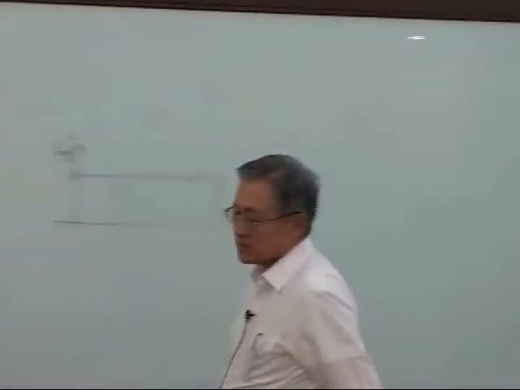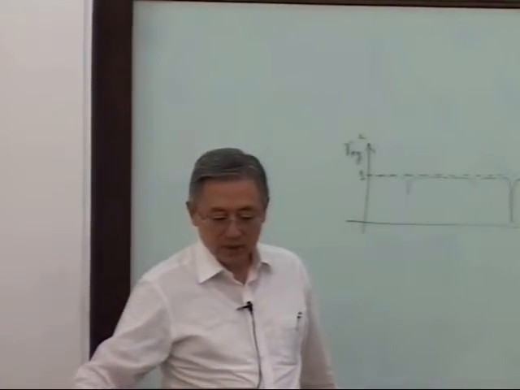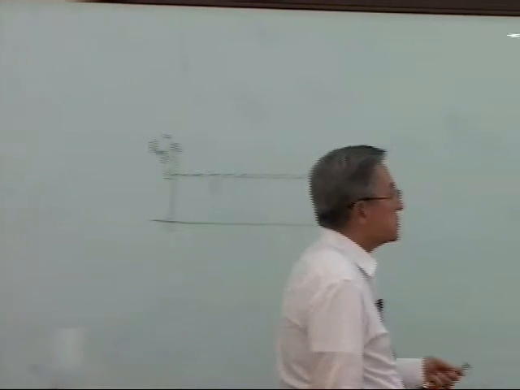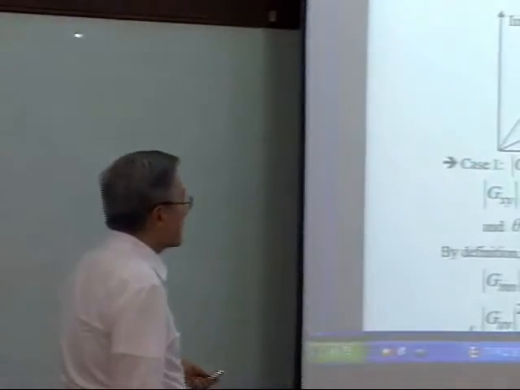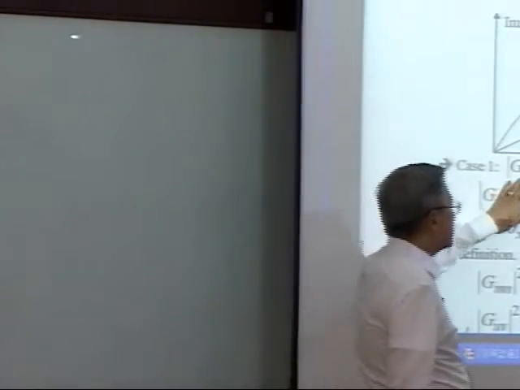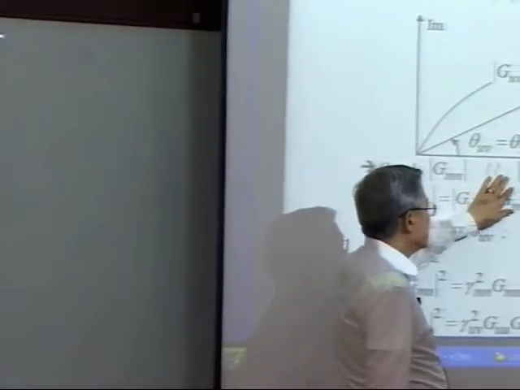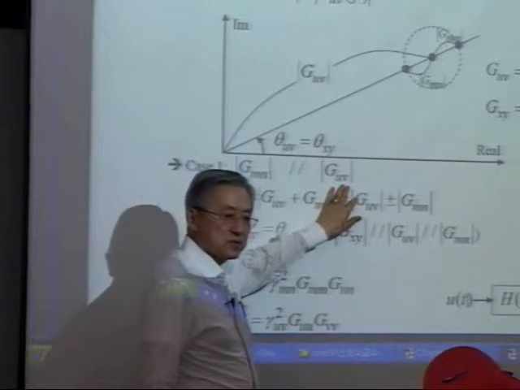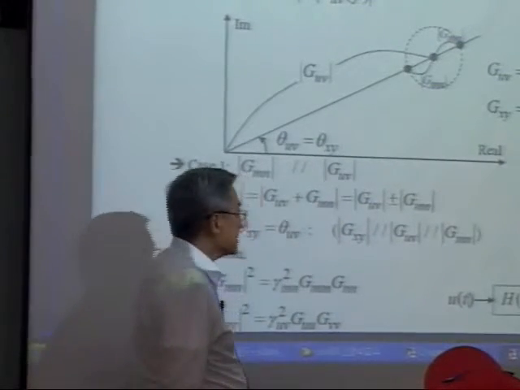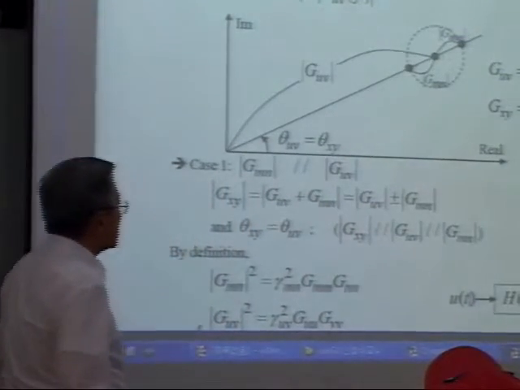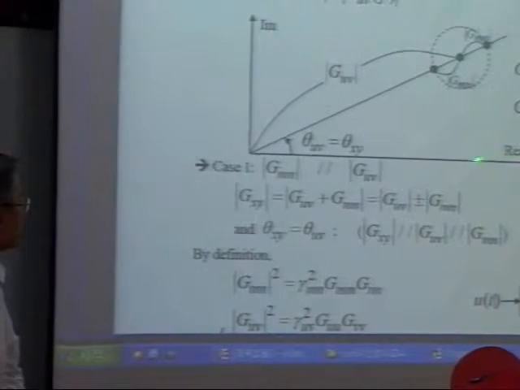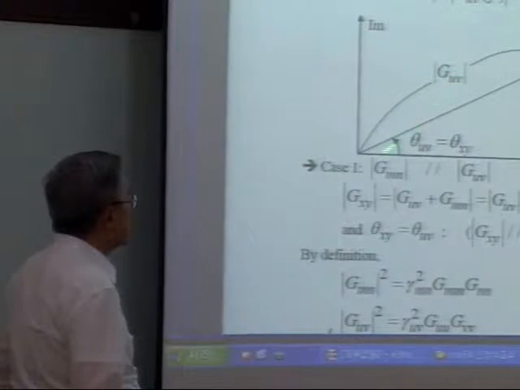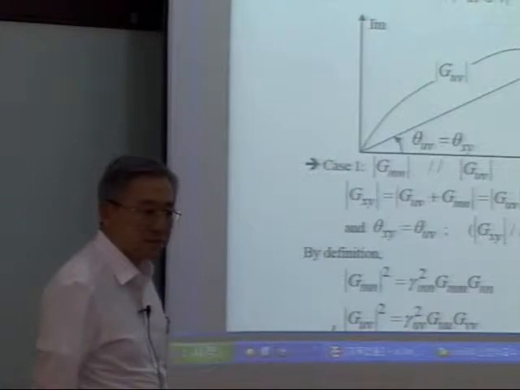So the first case we're going to work on is GMN parallel to GUV. Absolute, because this is complex, you have to take the absolute. Which means in the complex domain, real and imaginary, GUV is like a vector.